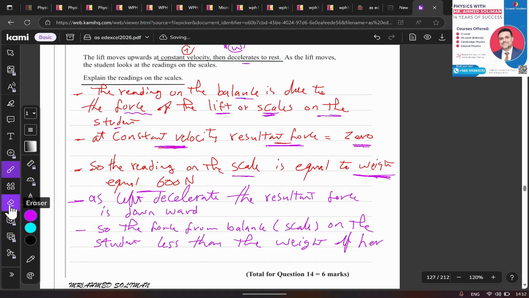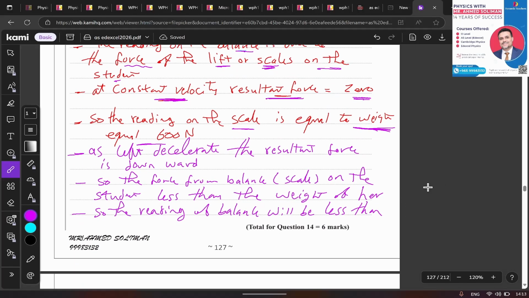So what it means, the reading of the balance will be less than what? 600 Newton. Now do you understand?